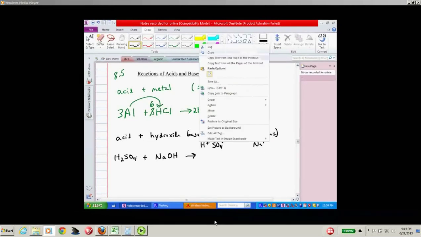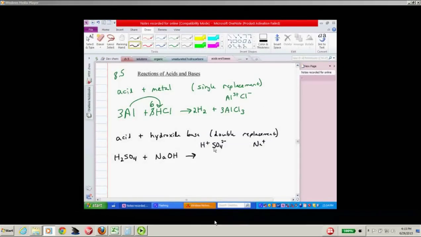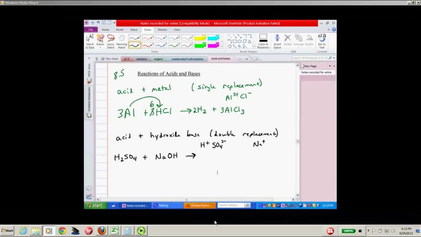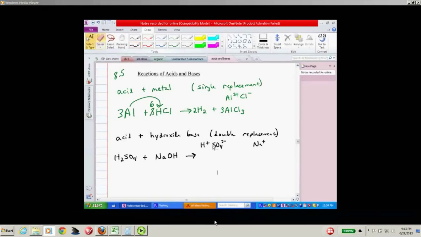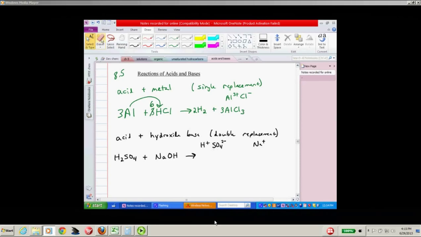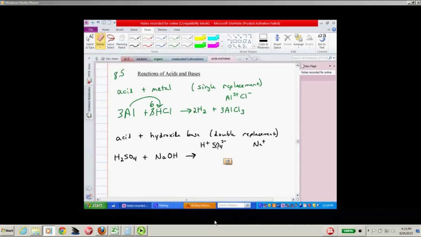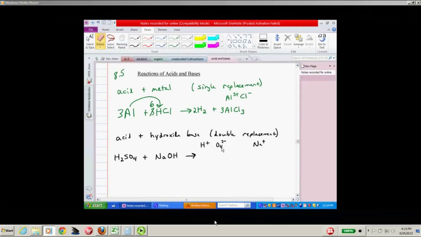On the product side, it has to be with the other negative ion. So H+ is going to be with OH-.